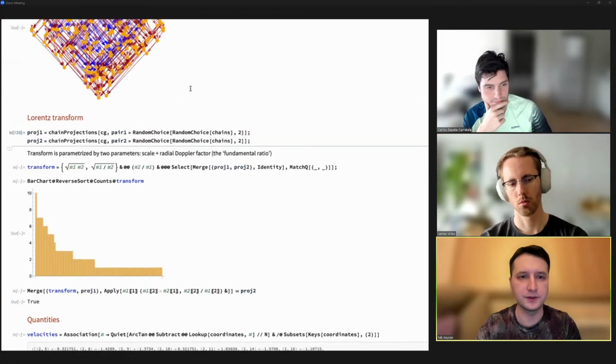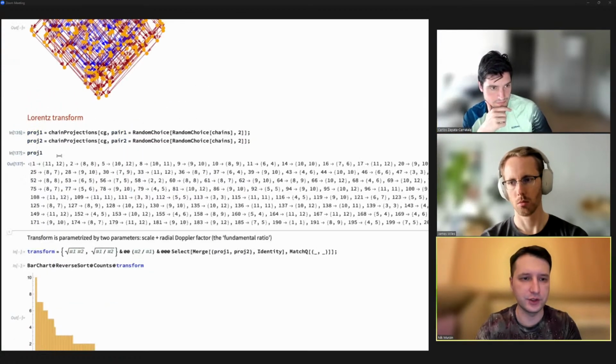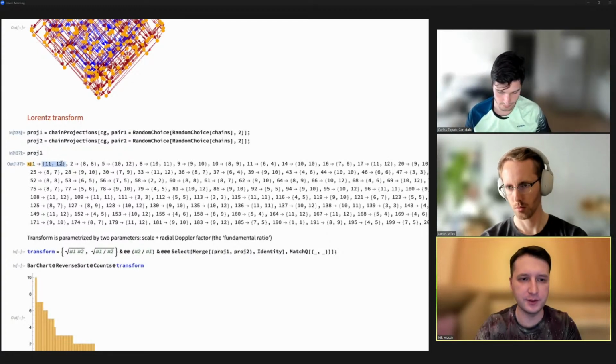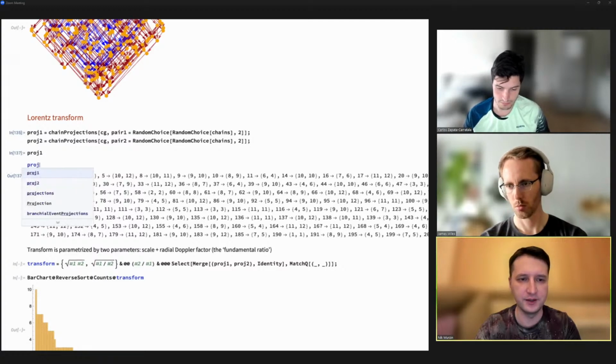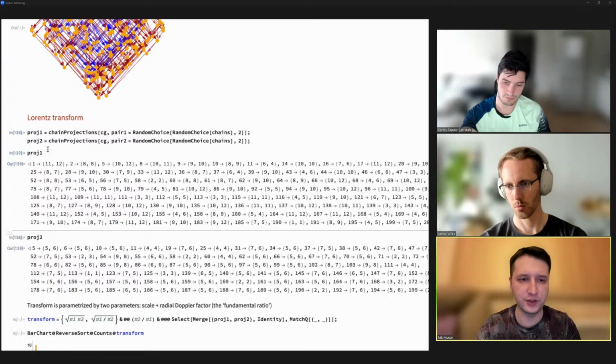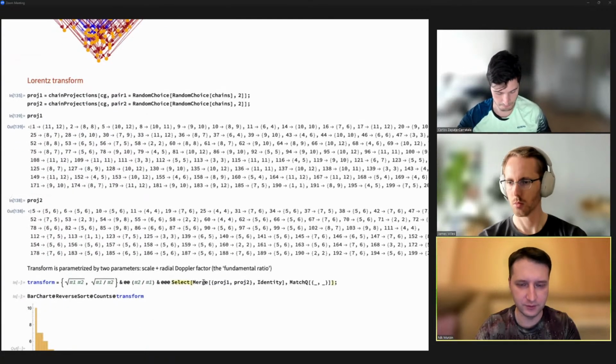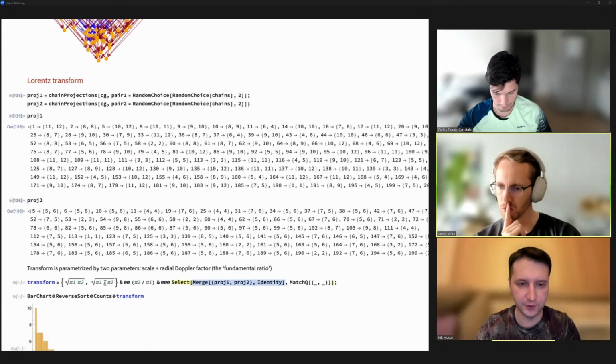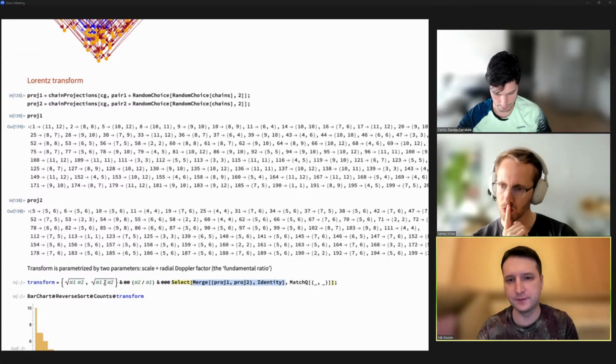Yeah. Like what is this projection? That's one way of assigning two coordinates, time t and x, to every event, right? And there's another one. There are two projections, and for every event you can compute some ratios between those.